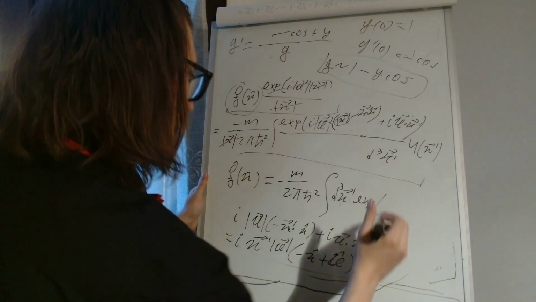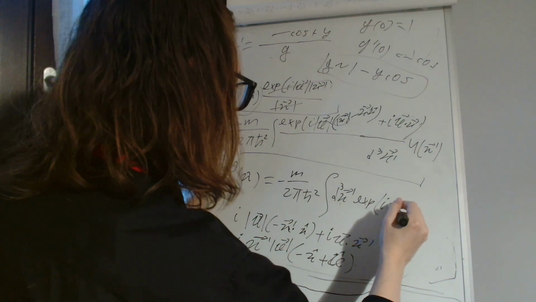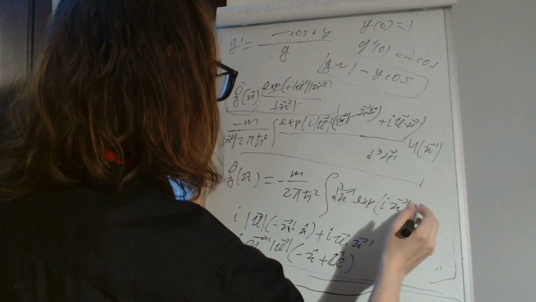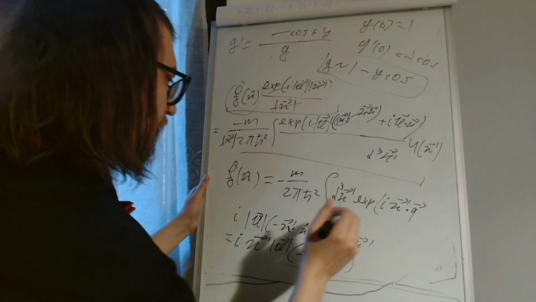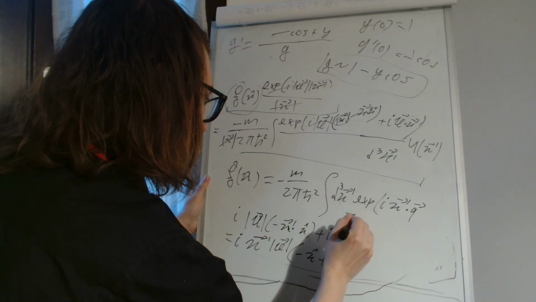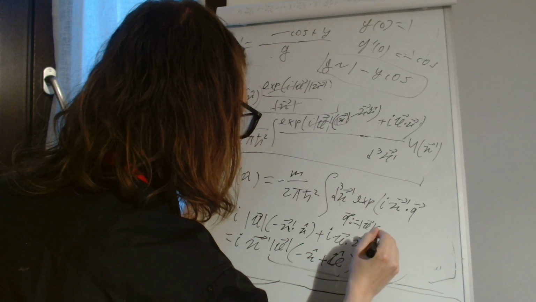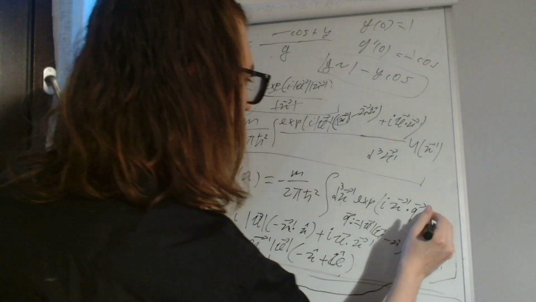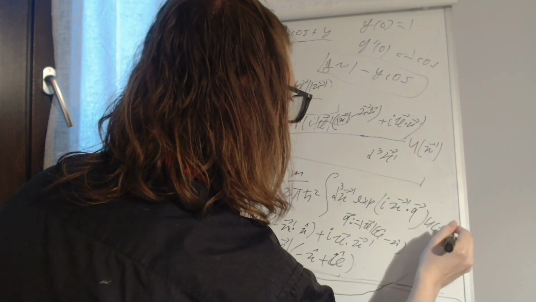So we put it inside here, and we have i times x prime vector dot product q, where q is defined as this modulus of k times value k minus value x, and then we multiply by the potential.